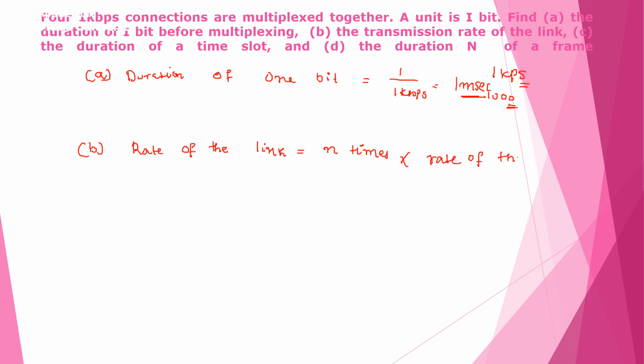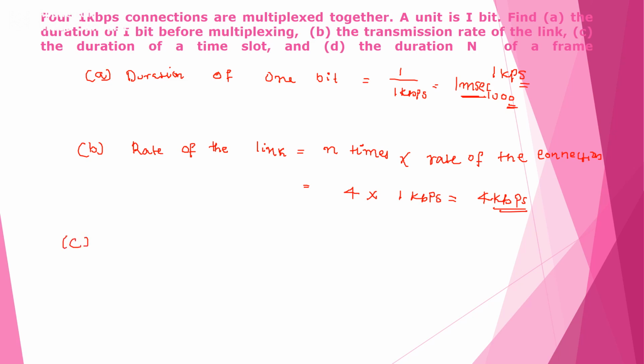So n is equal to 4 connections into 1 kilobits per second. So that is equal to 4 kilobits per second.